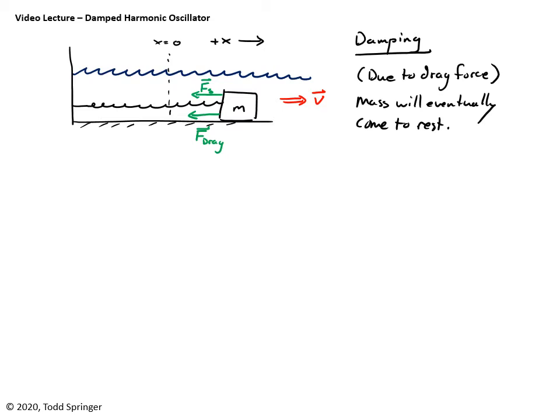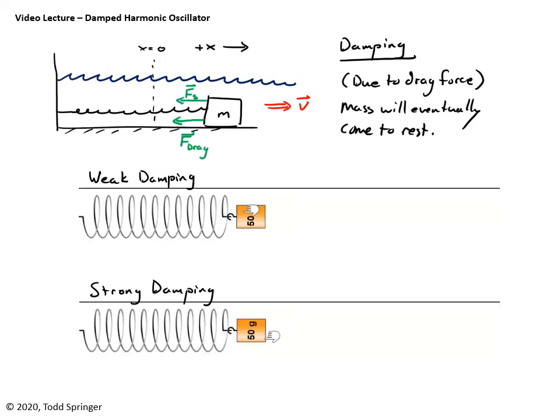So you could imagine, it doesn't have to be water or a thick fluid. It could just be in air. If you have a mass on a spring in air, it will eventually settle down and stop moving. But think about the differences if the fluid is very, very thick and the damping is really strong versus the fluid being pretty weak and not doing too much. See if you can visualize those two cases.